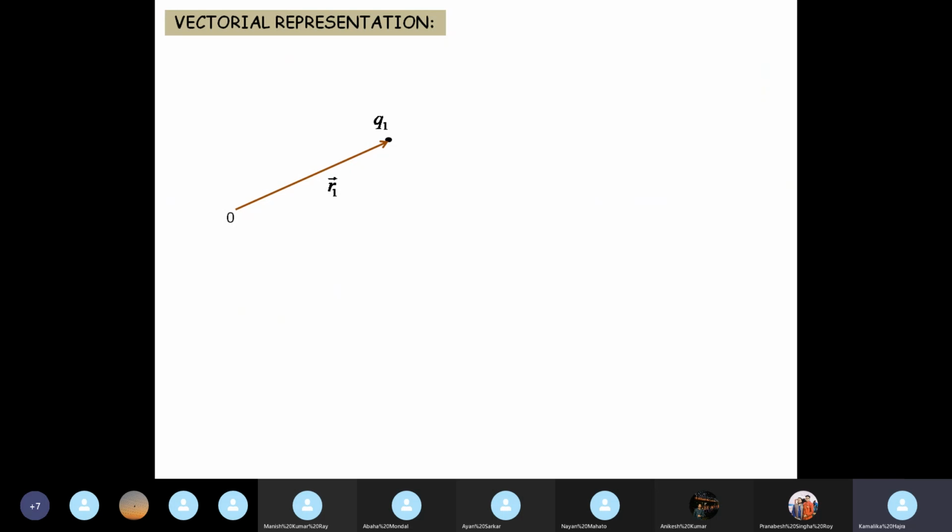Whenever we are representing the position vector of a point at which one of our charges resides, we have to give it with respect to some origin. So if r1 is the position vector of q1 and r2 is the position vector of q2 with respect to some origin O, then this is the line joining them, and this is the direction from q1 to q2.